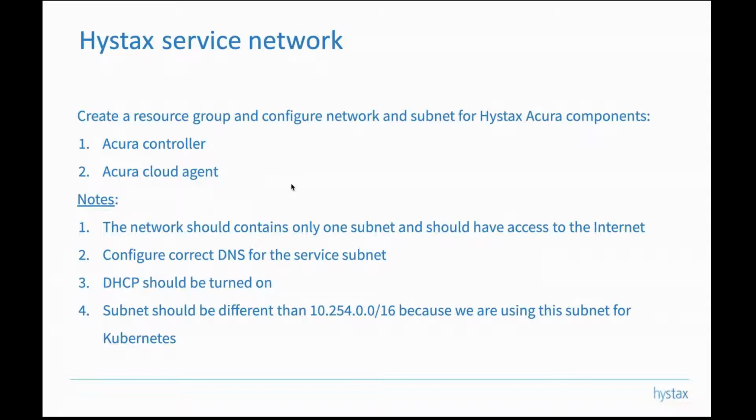A couple of important things here are that the network itself should contain only one subnet. The client should have access to the internet. I want to mention that having access to the internet is only important for the very first launch, as we're using Kubernetes.